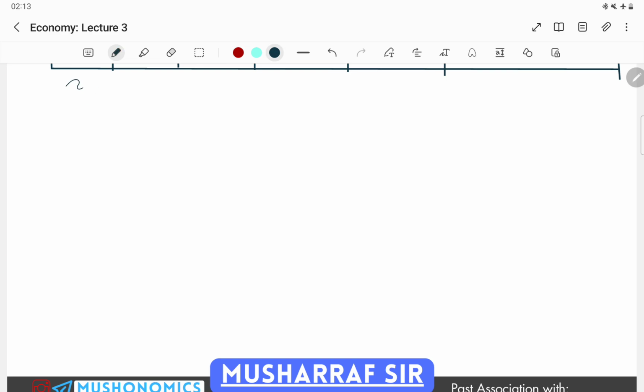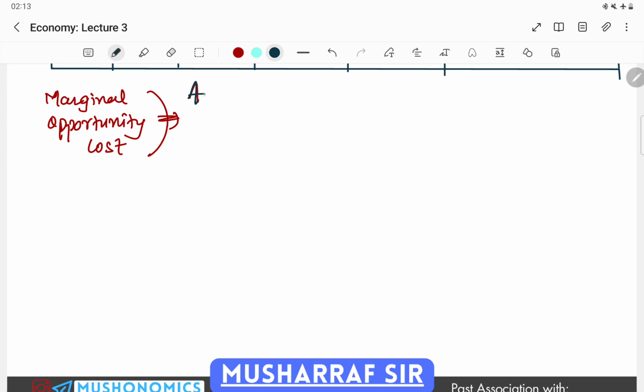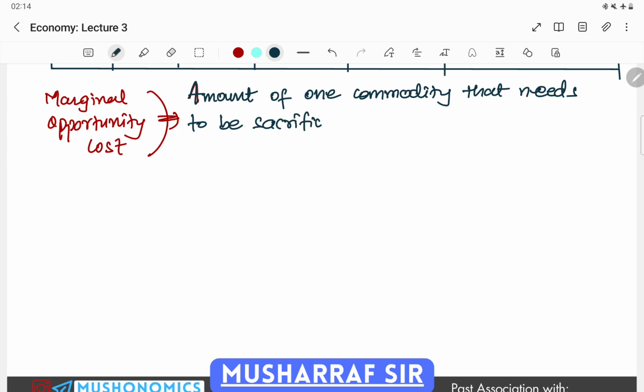Now we will discuss marginal opportunity cost. What will be the definition? Marginal opportunity cost is nothing but the amount of one commodity that needs to be sacrificed to produce an extra unit of another commodity.